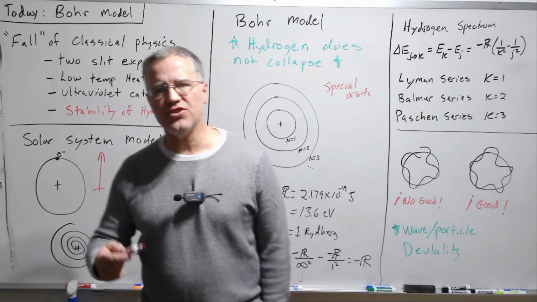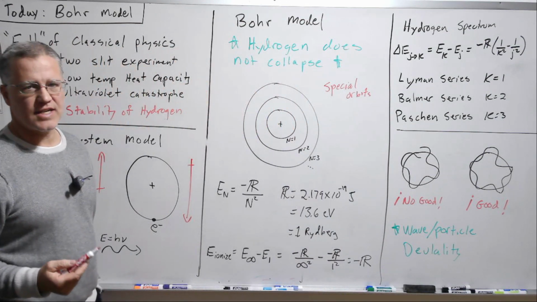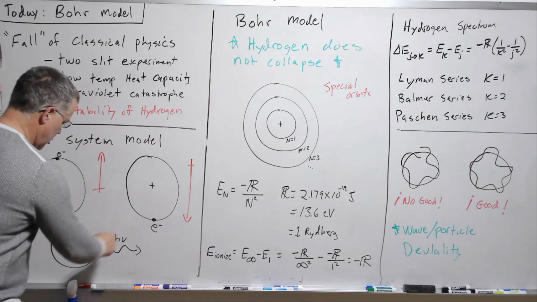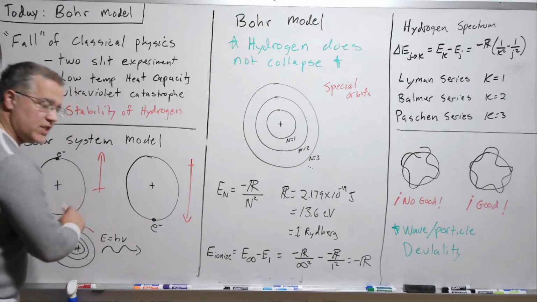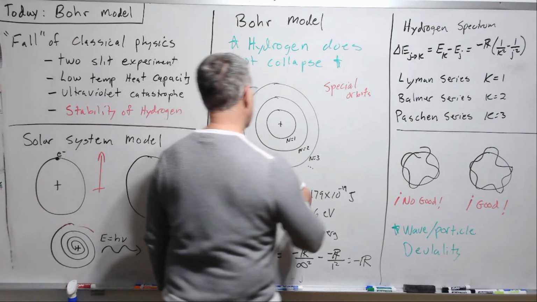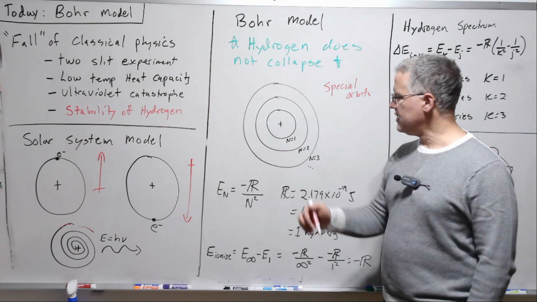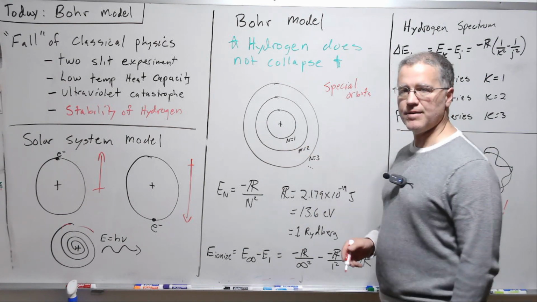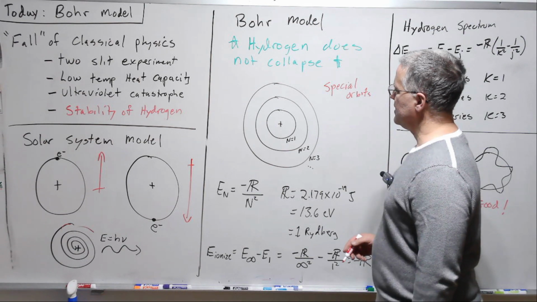So there are only certain orbits that the electron can exist in. It can't exist in every orbit that would occur as it spirals to the center. If that's the case, we can label these, we can count these up to infinity: n equals 1, n equals 2, n equals 3, all the way up to n equals infinity.